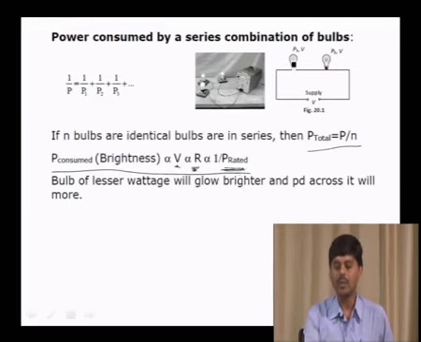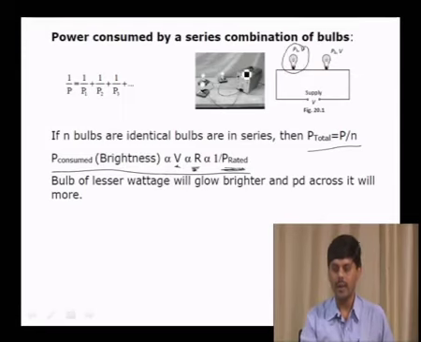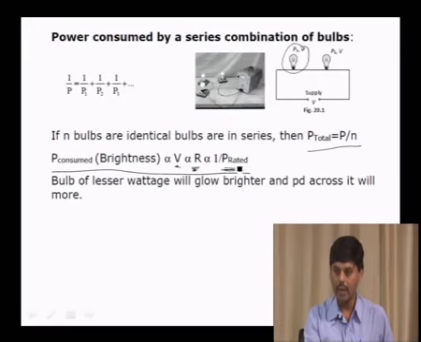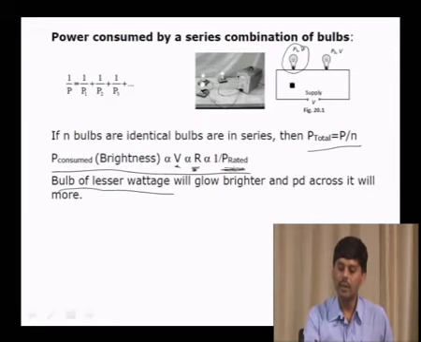Suppose we have 40 and 60 watt, the lowest watt is 40. According to this relation, the lower watt bulb glows brighter, because it is inversely proportional. In words, the bulb with lesser wattage will glow brighter and the potential across it will be more. Here the voltage is also more.